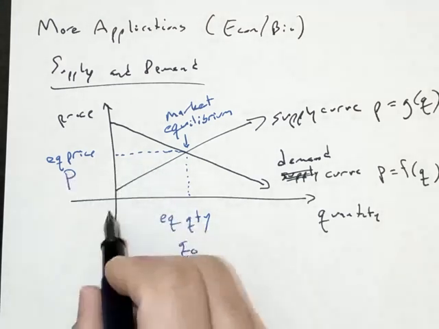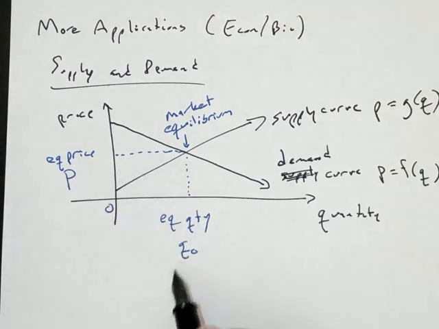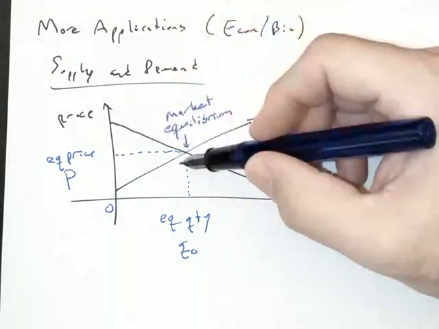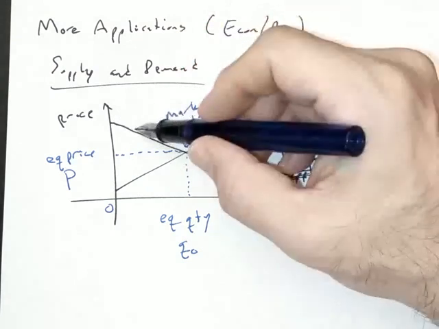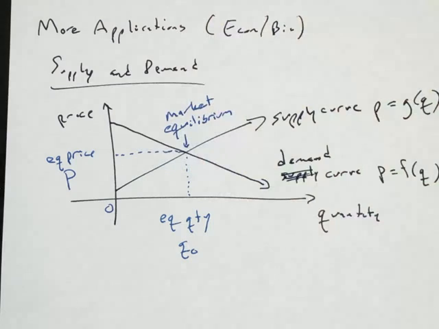Every person between 0 and Q0 would have paid more money. They're on this part of the demand curve. But they didn't pay this much money, they paid this much money. So the amount they saved can be determined like this.